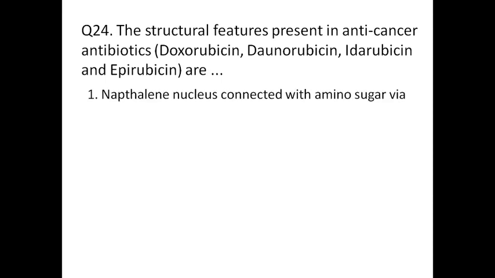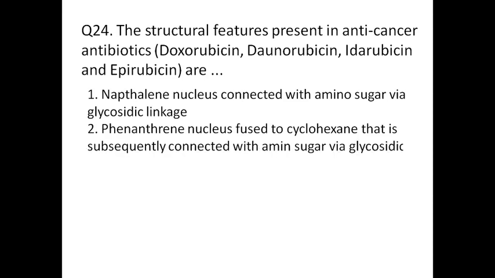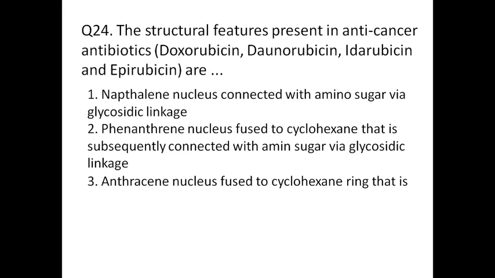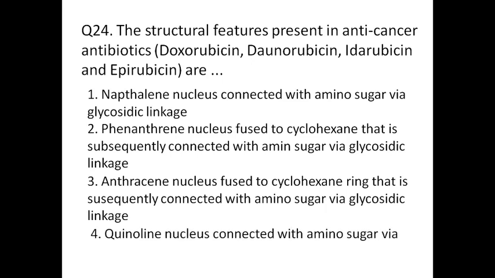Naphthalene nucleus connected with amino sugar via glycosidic linkage, or phenanthrene nucleus fused to cyclohexane that is subsequently connected with amino sugar via glycosidic linkage, or anthracene nucleus fused to cyclohexane ring that is subsequently connected with amino sugar via glycosidic linkage, or quinoline nucleus connected with amino sugar via glycosidic linkage. So we have to identify which nucleus is present in these structures: doxorubicin, daunorubicin, idarubicin and epirubicin.